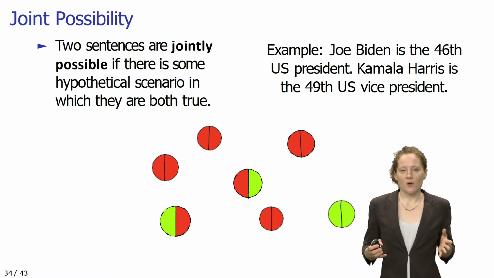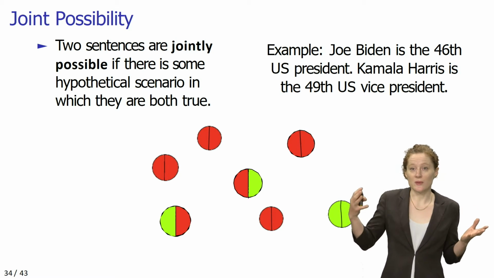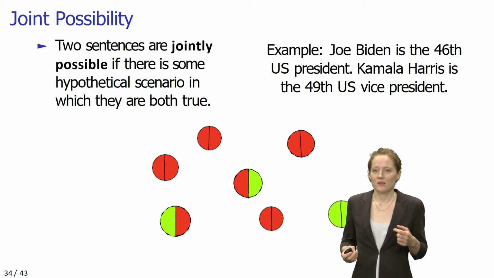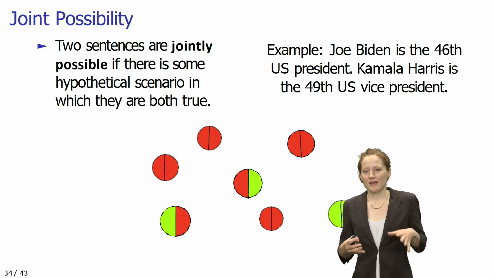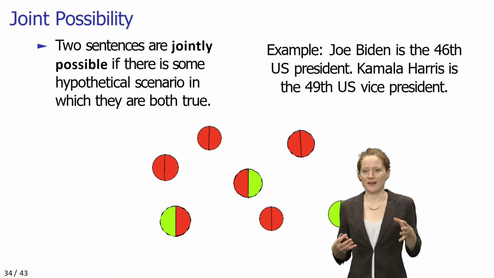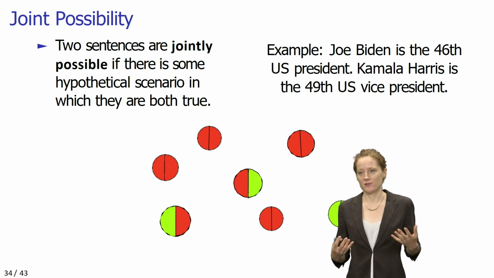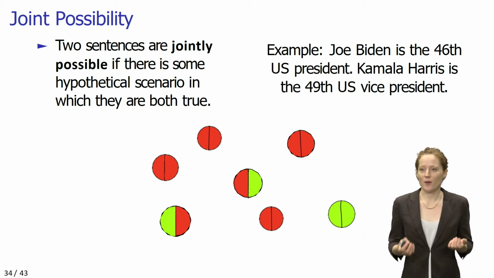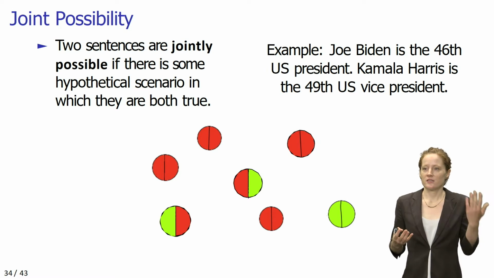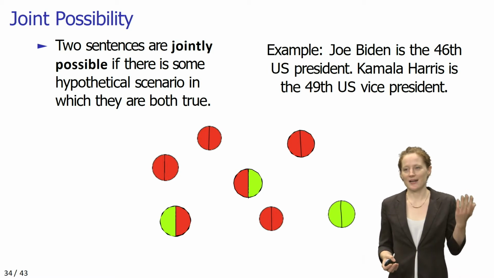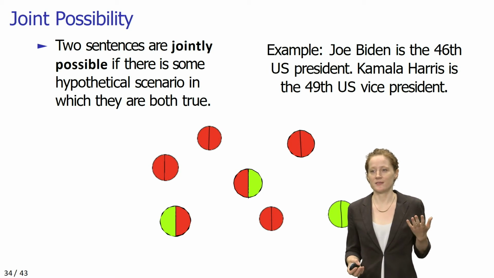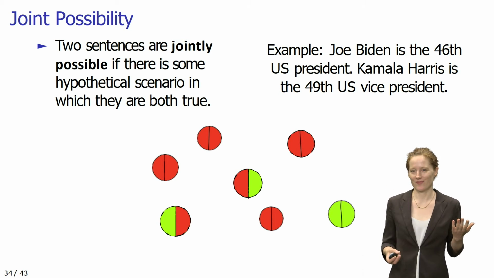Now let's talk more about the relationships between sentences. Two sentences are jointly possible if there's some hypothetical scenario in which they are both true. So for example, think about the two sentences, Joe Biden is the 46th US president and Kamala Harris is the 49th US vice president.